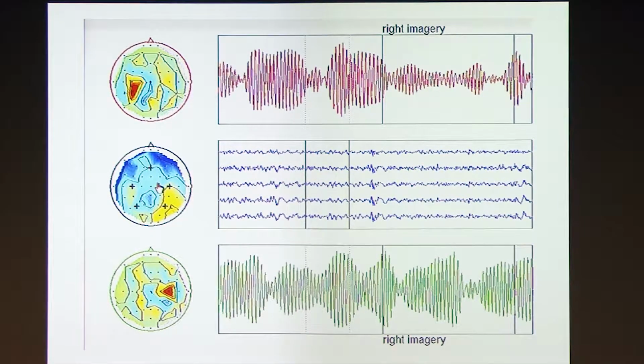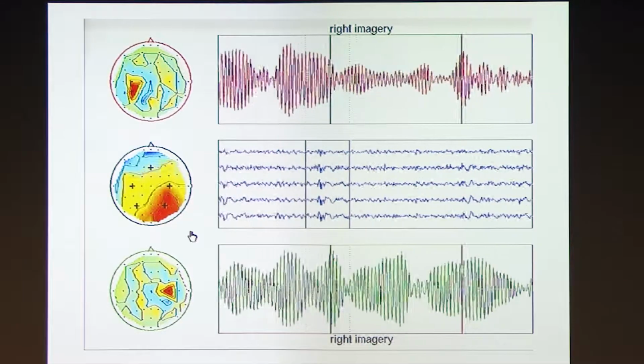Now we have inferred the filters of right imagery, which is a knob sitting on the left motor cortex, and left imagery, which is a knob sitting on the right motor cortex. Then we can just look at things. So this would be a filter ideally allowing us to discriminate between these two states, left and right. Okay, so let's look at this.